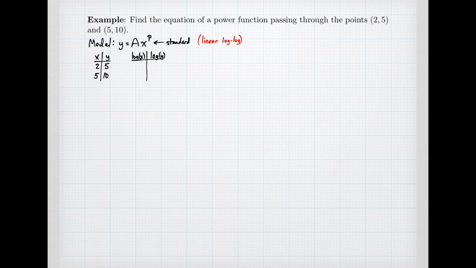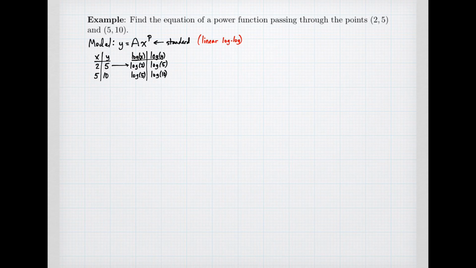So I'm going to think of this as the log, base 10, of both x and y. So my first value is going to be log 2, and my second value is log 5. And those are the transformed coordinates that came from the point 2, 5. Similarly, the point 5, 10 is going to have a transformed independent variable of log 5 and a transformed y variable of log 10. And so these are the values that I would work with.